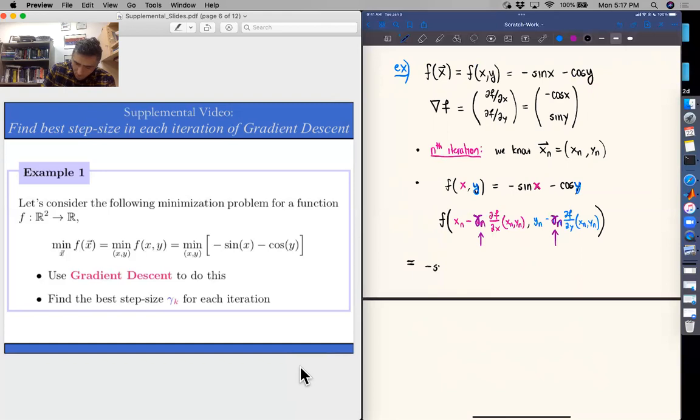So we have minus sine, excuse me, of basically everything in the x component. That'll be xn minus gamma n times partial f, partial x, which we saw up above was minus cosine x.